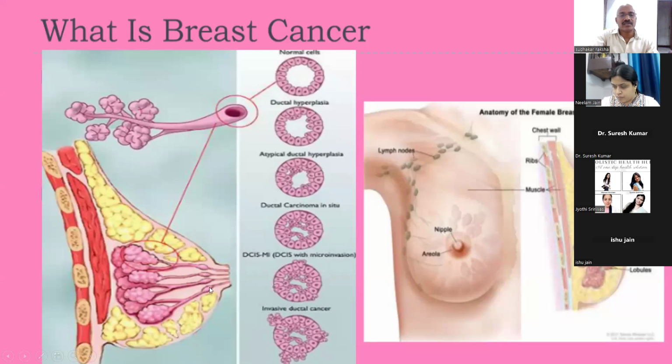The most common carcinoma arises from the ductal, if this is a duct. About 70% of the cancers arise from the epithelial cells of the ductal lining. So it is known as a ductal carcinoma. When it is limited to the duct, it is called ductal carcinoma in situ.